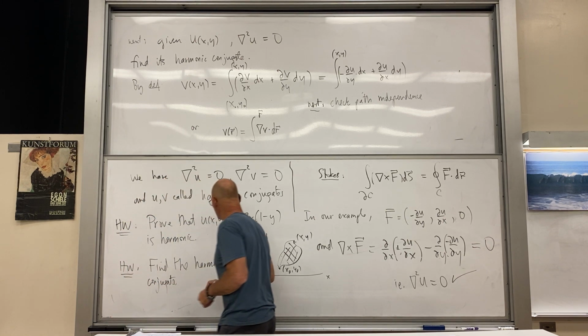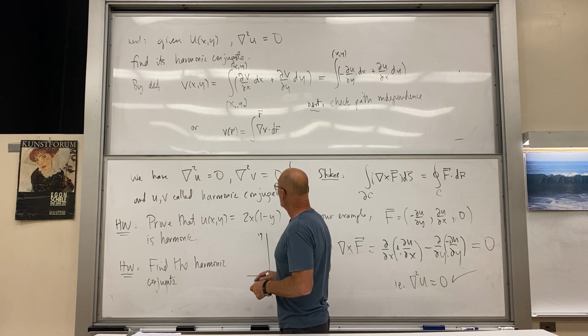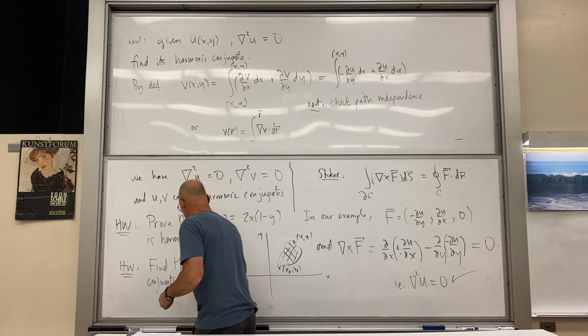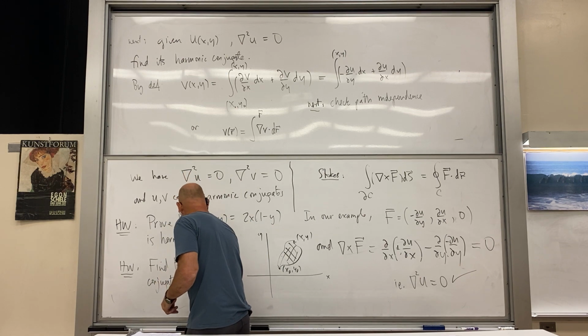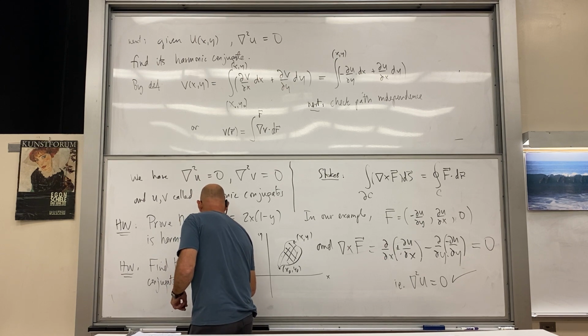Now that we know that it's a reasonable definition and process, the antiderivative is there. So find the harmonic conjugate of this function up here, u equals 2x(1 minus y).